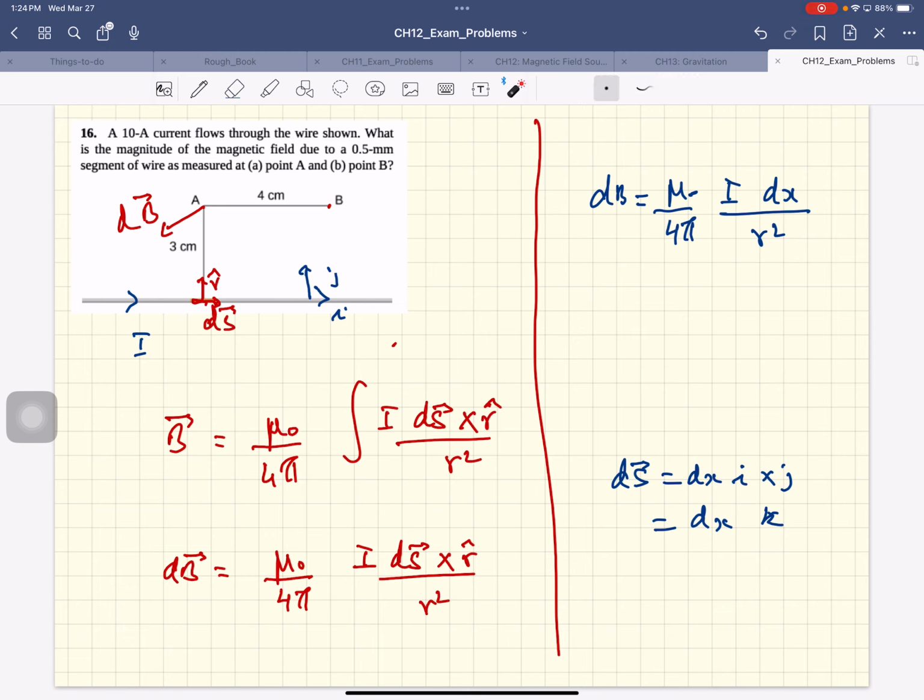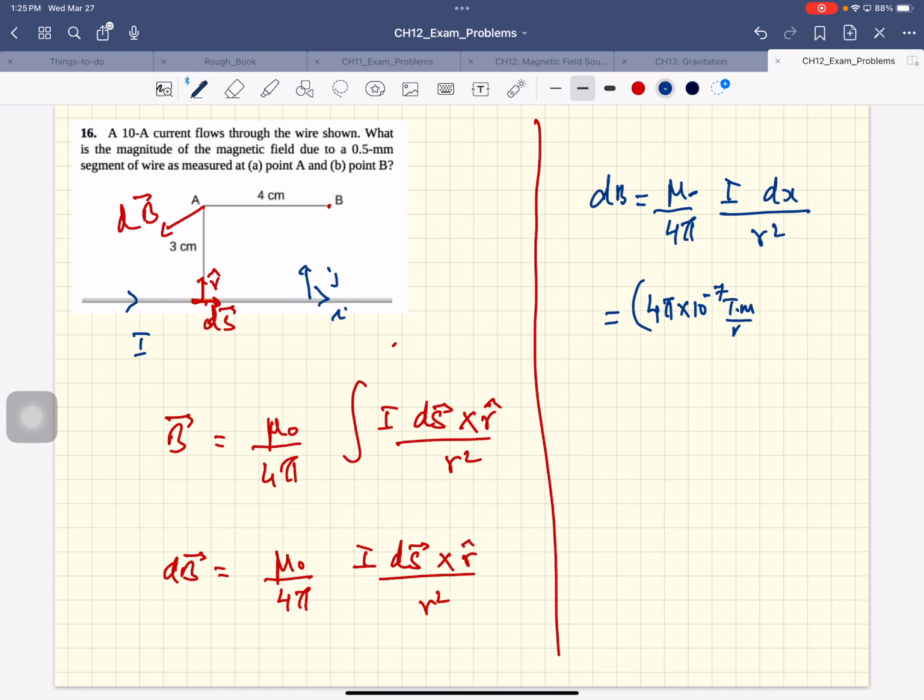So now we can put in these values. dx is 0.5 millimeters. Mu naught is 4 pi times 10 to the minus 7 Tesla meter per amp, divided by 4 pi.